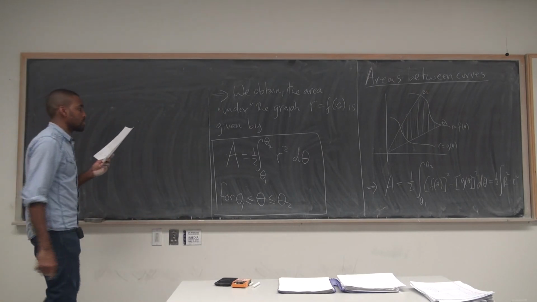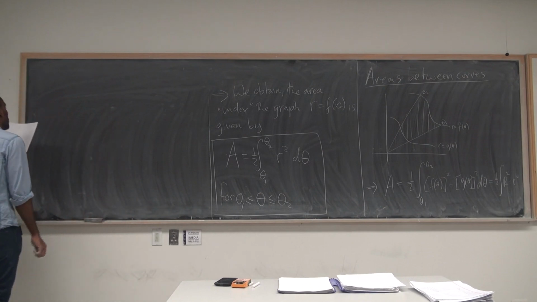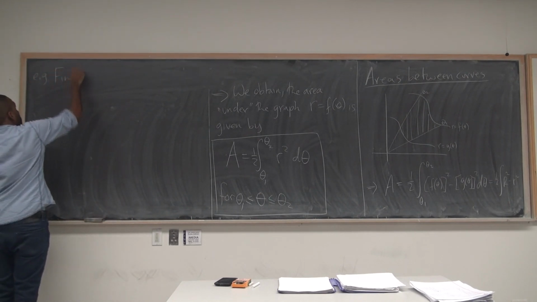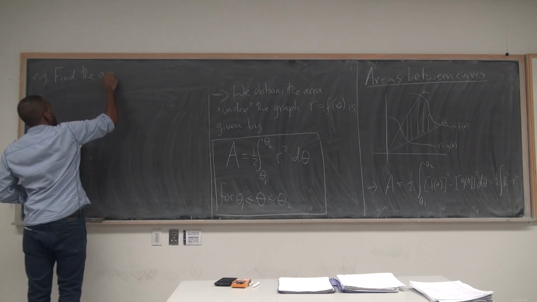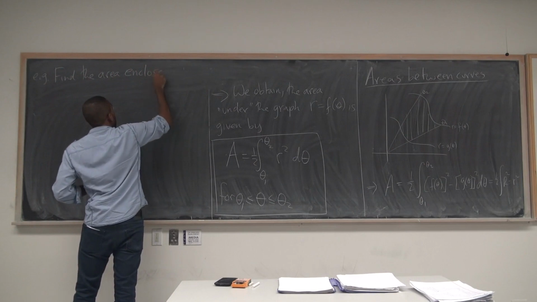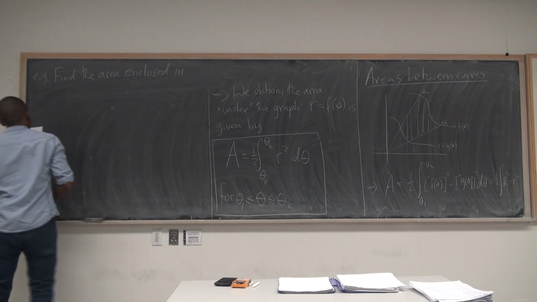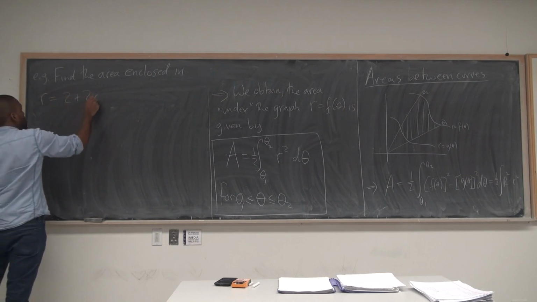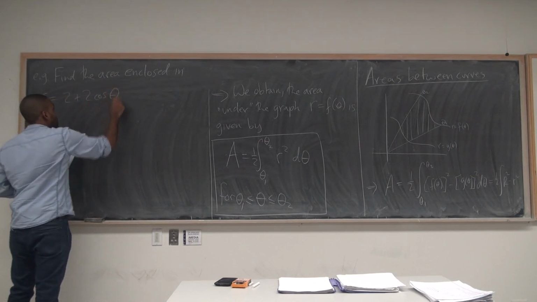So let's do one. Find the area enclosed in r equals 2 plus 2 cosine theta.